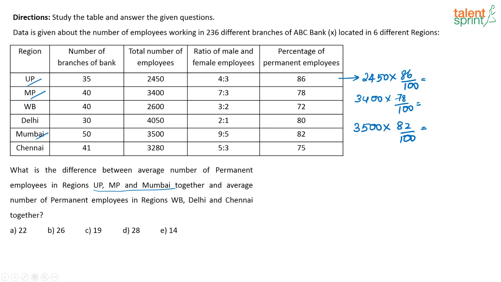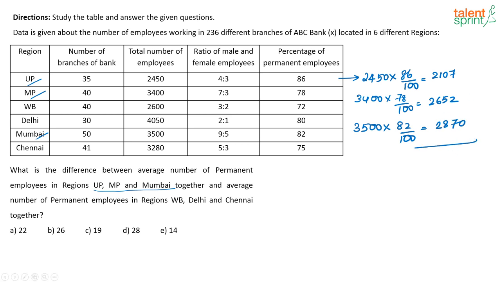See, even if you are splitting the percentage, finding 80% of 3400 and subtracting 2% from that, whichever method you use, some amount of calculation is definitely involved. So this will be 2107, this will be 2652, and this will be 2870.